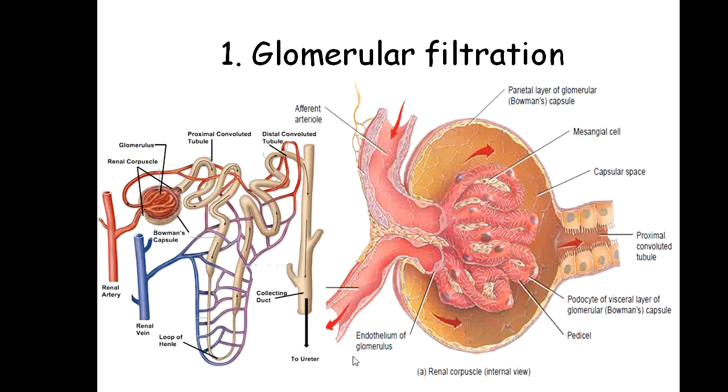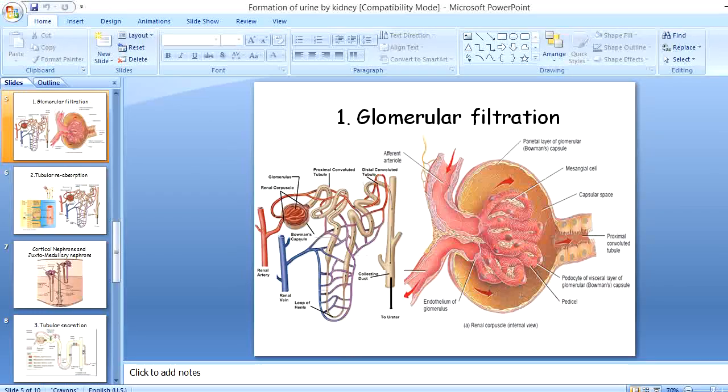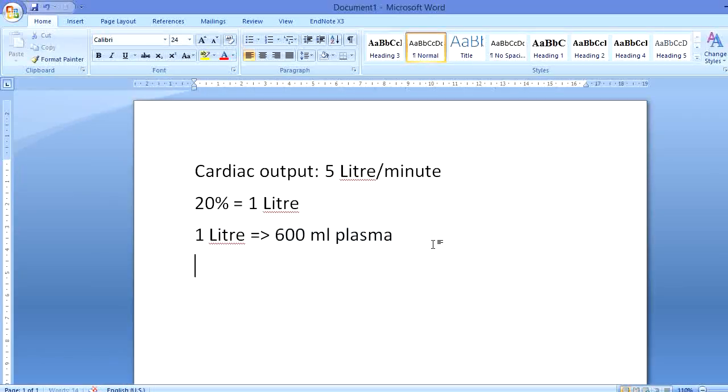Out of this 600 ml, 120 ml of plasma or filtrate reaches the Bowman capsule. 600 ml reaches the glomerulus, while out of this 600 ml, 120 ml of filtrate reaches the Bowman capsule.